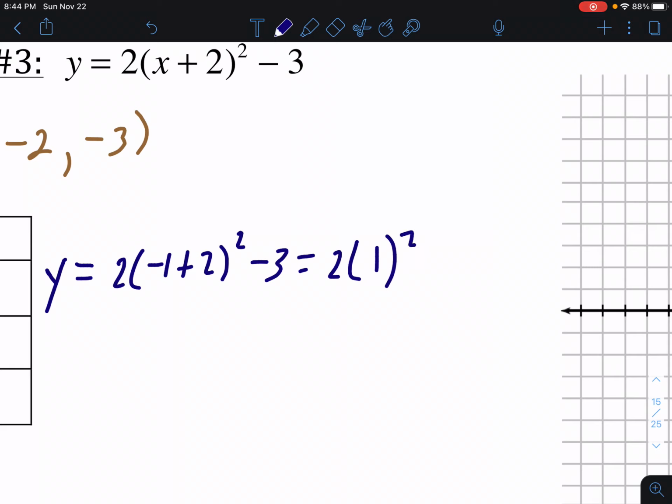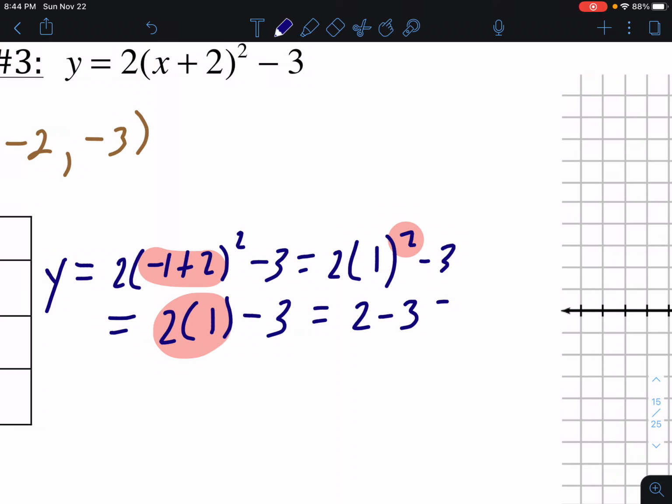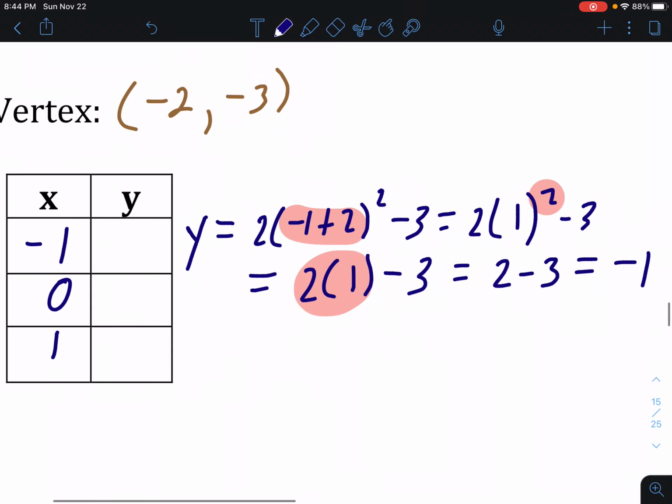Then, what's left? Exponents. So parentheses, then exponents. So 1 squared is 1. Then multiply, 2 times 1. And then subtract.